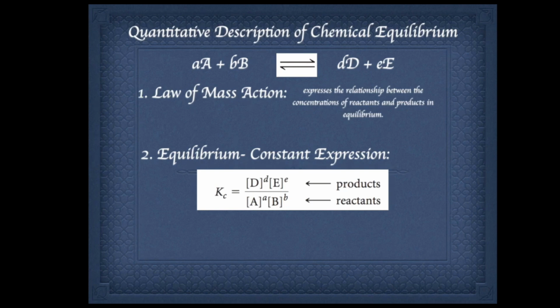So specifically what you do is you say the constant, your equilibrium constant, which is your Kc, equals the concentration of your product, D, raised to its coefficient times the concentration of E raised to its coefficient, divided by, and then the same thing but this time with the reactant. So notice your products are in the numerator while your reactants are in the denominator.